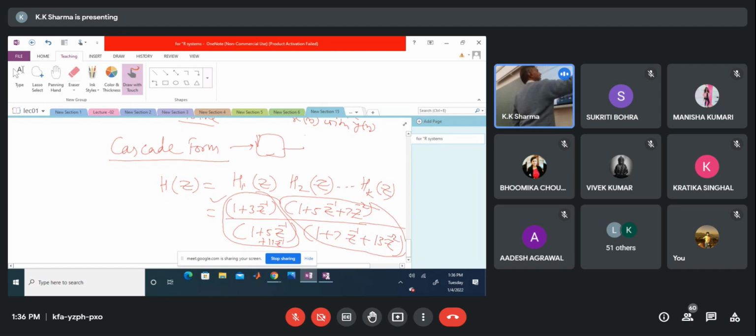Output of one is given as input to the next, so H2(z), H1(z), and likewise you implement all the simple cascaded sections, and then output of the last section will represent my output. And now you implement these individual second order subsystems in the direct form 2 form.